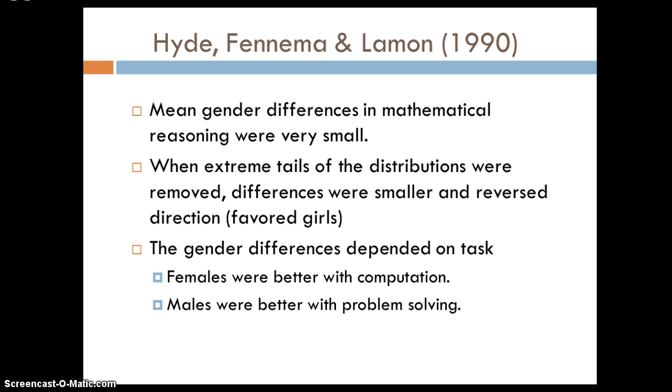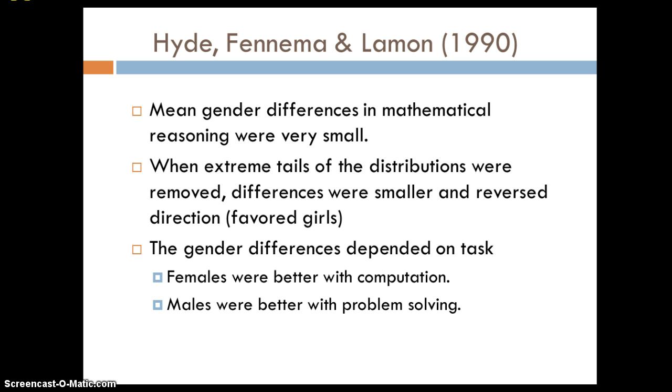So you got rid of the really, really smart kids who are boys, specifically. Then what you see is that the differences favored girls. And also those differences depended upon the kind of tasks. So girls were better with computation and boys were better with problem solving.